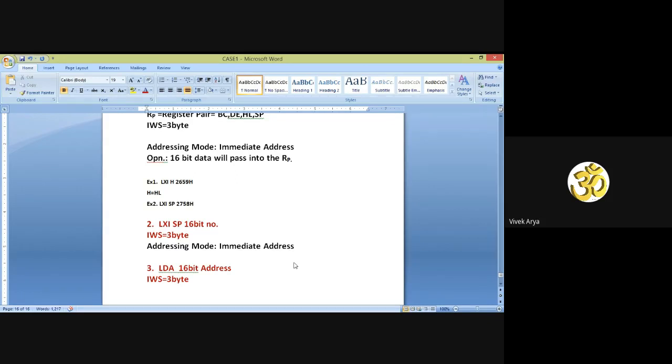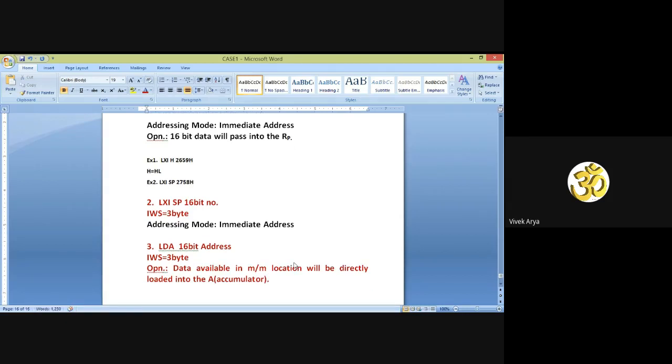I'm writing the operation here: data available in the memory location will be directly loaded into the accumulator.